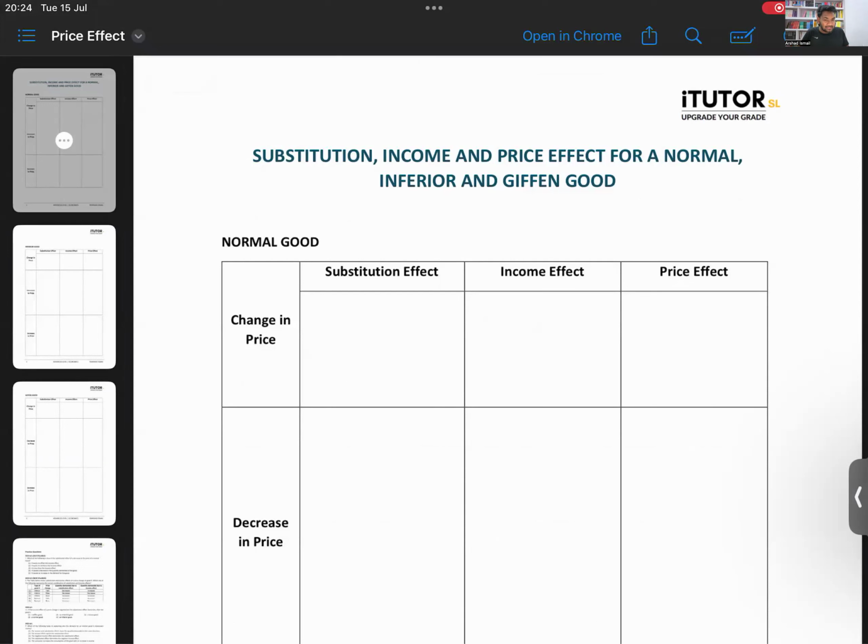I'll give you 10 minutes. So walk around, get some water. If you're hungry, put something into your mouth and come back by 8:35. We'll start this substitution effect, income effect story for the 3 types of goods. Very, very important.